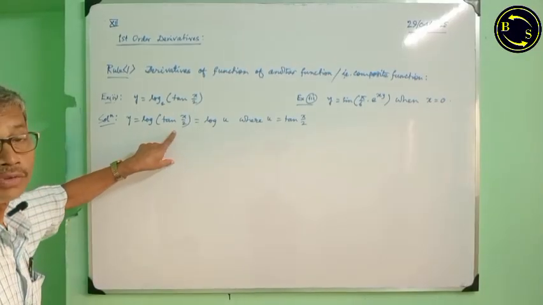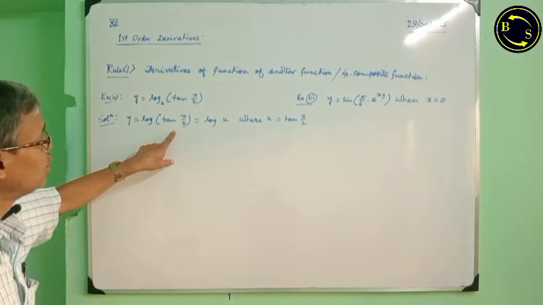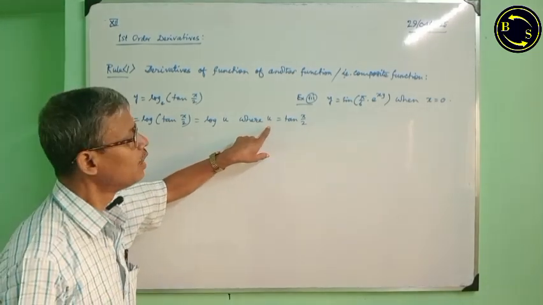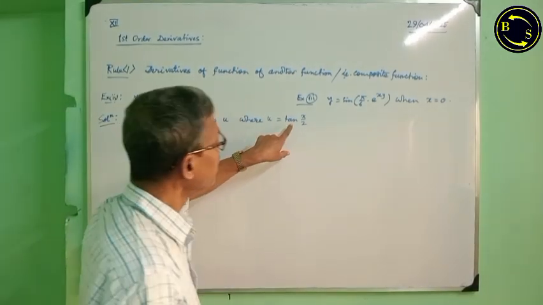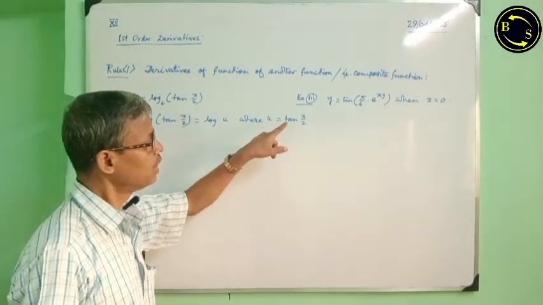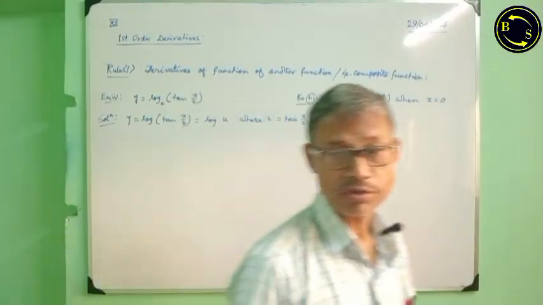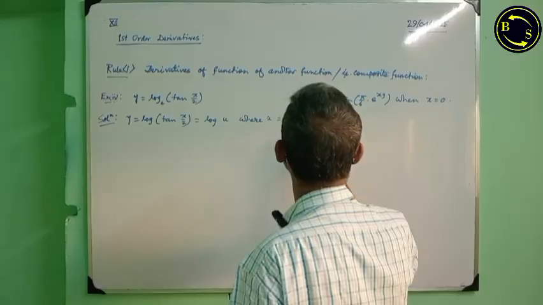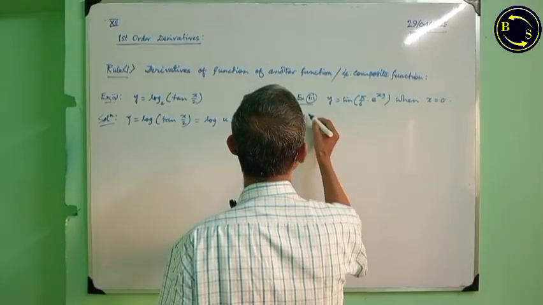Log of tan x by 2. I take first x by 2 as v, and tan v as u. This is not of the form tan theta; in place of theta it is x by 2.